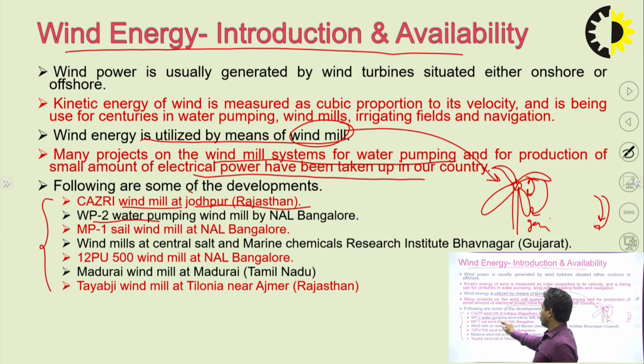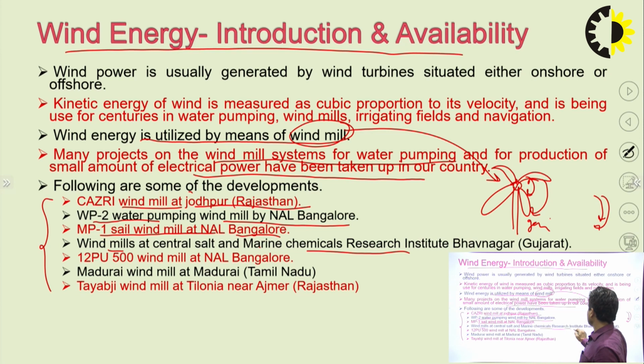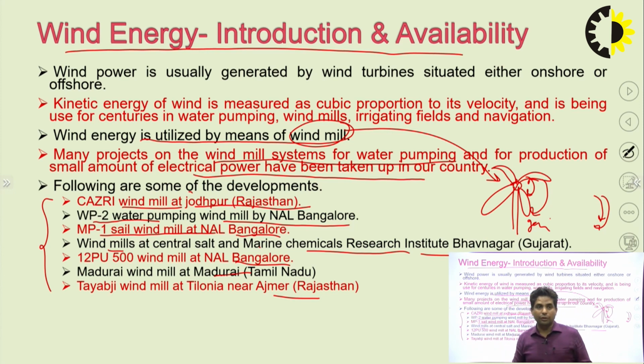Other examples are the water pumping windmills by NAL Bangalore, the MP1 sail windmill at Bangalore, and windmills at the Central Salt and Marine Chemicals Research Institute, Bhavnagar, Gujarat, Bangalore, Madurai, Ajmer. There are different types of windmills used, and their production capacity is also different.